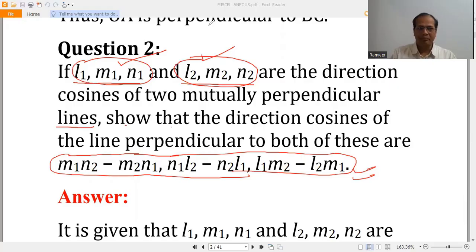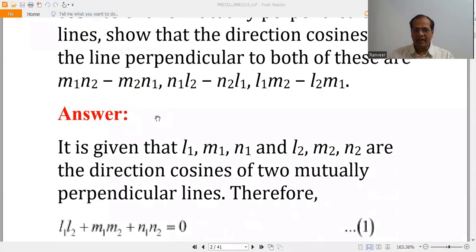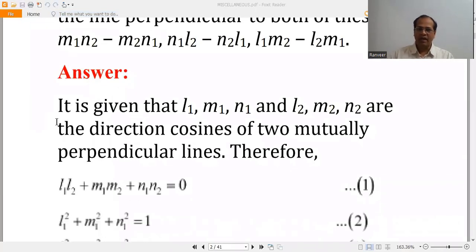Now, it is given that l1, m1, n1 and l2, m2, n2 are the direction cosines of two mutually perpendicular lines. So for two mutually perpendicular lines, the condition is l1 l2 + m1 m2 + n1 n2 = 0. This is the first condition.